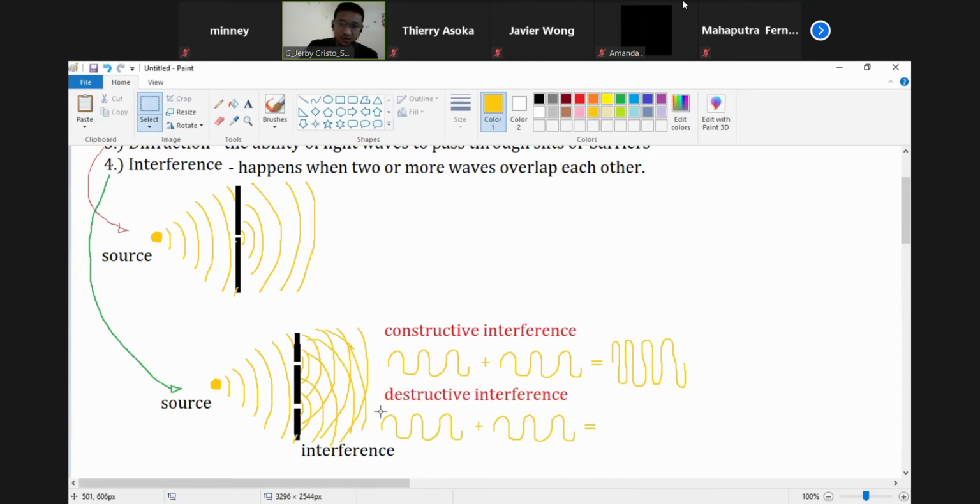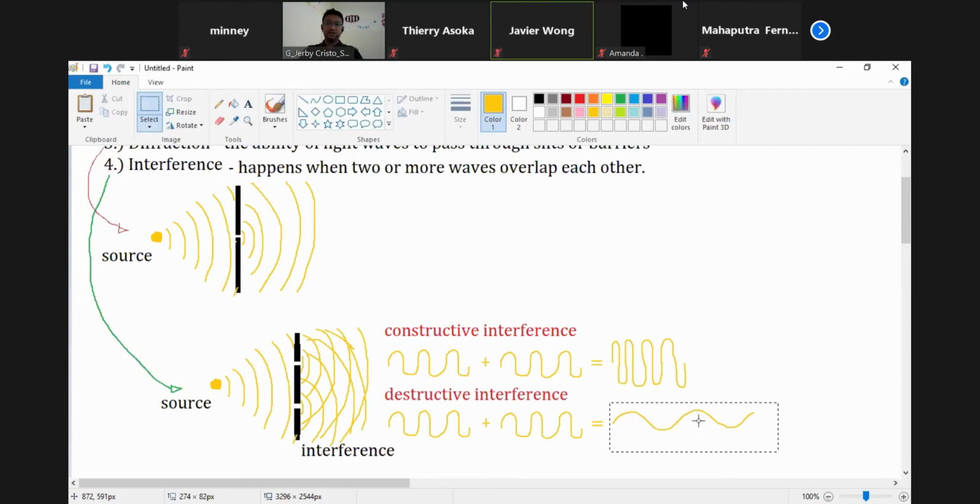But what will happen once they interfere with each other? So this could be the result. And how do you describe it compared to the original? The wavelength becomes longer.